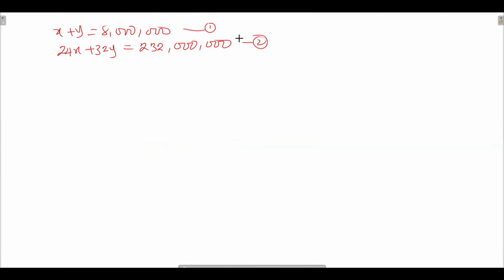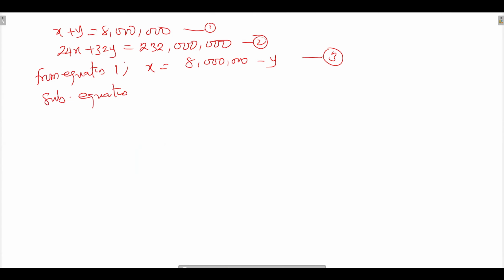So let's use our substitution method. From equation 1, x equals 8 million minus y, and that becomes equation 3. Let's substitute equation 3 into equation 2.